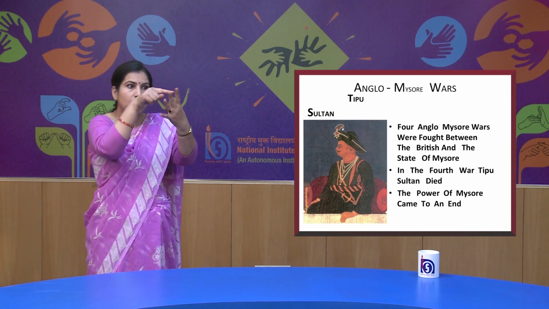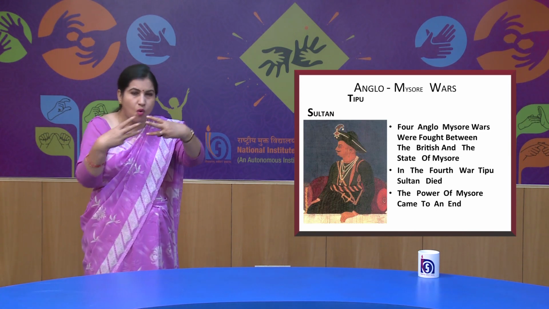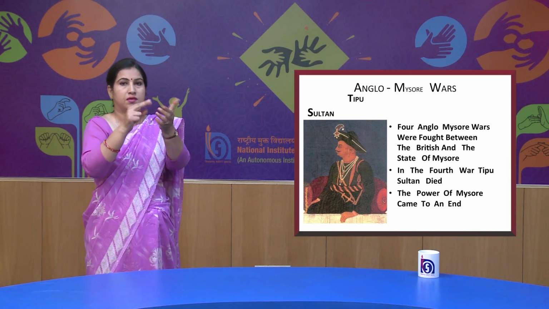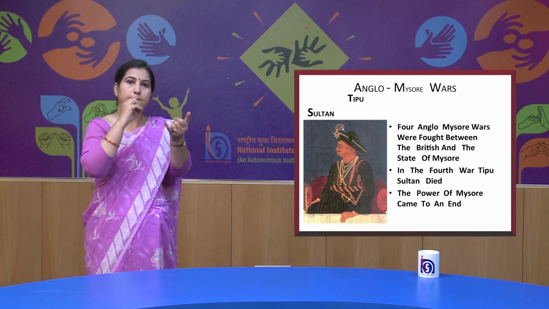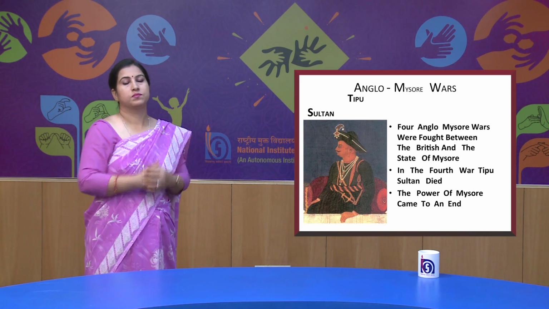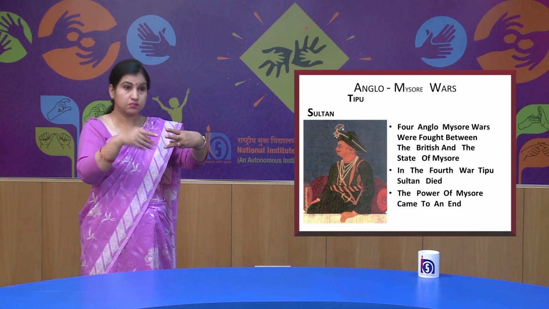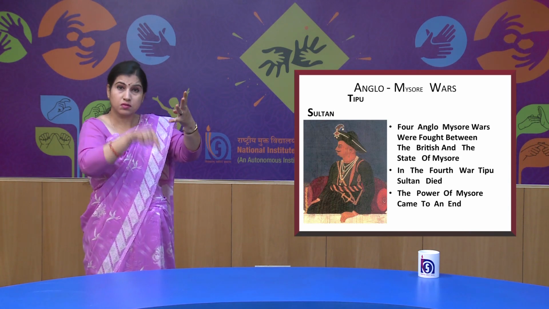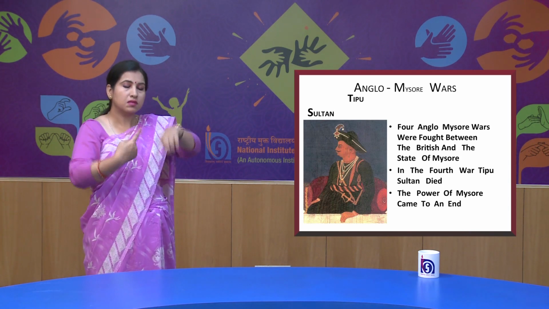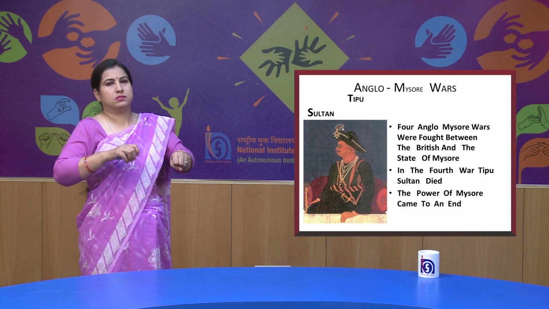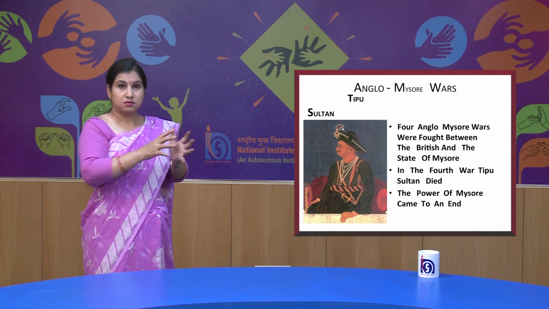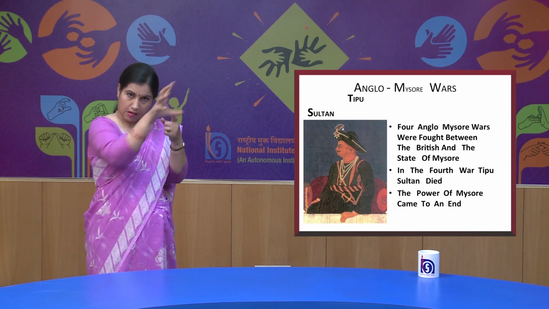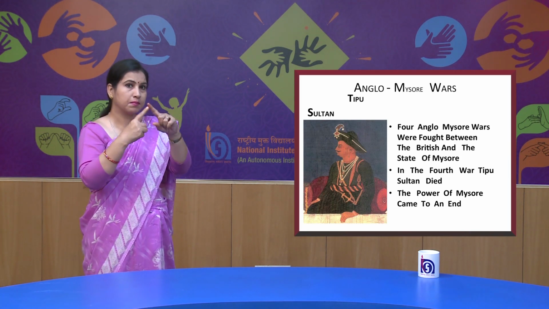Four wars were fought between the British and Mysore, known as the Anglo-Mysore Wars. However, with the death of Tipu Sultan in the fourth battle, the British were able to occupy many large ports like Kanara, Coimbatore, and Seringapatam.